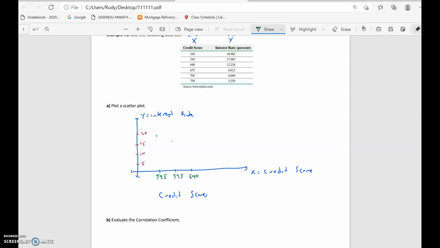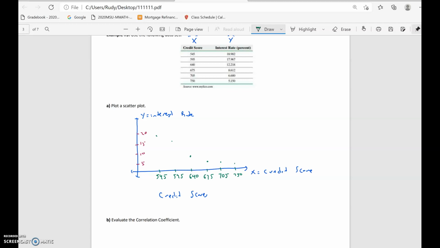640, about 12, so just above the 10. 675 has an 8, so just below the 10. 705 has a 6, so just above the 5, around here. 750 is just above 5, so around there.